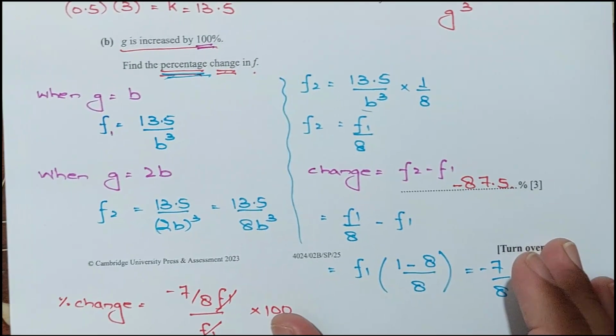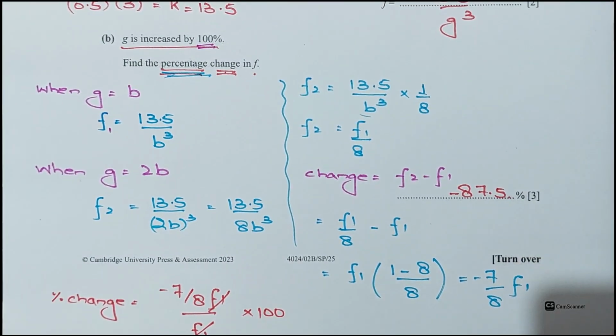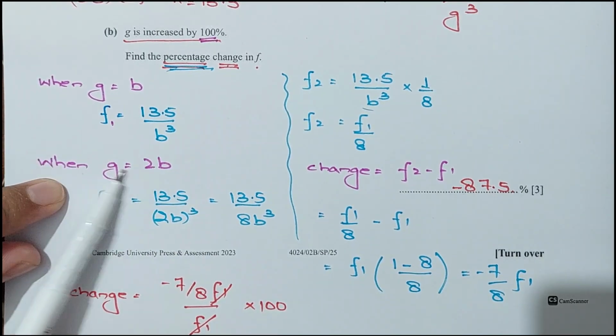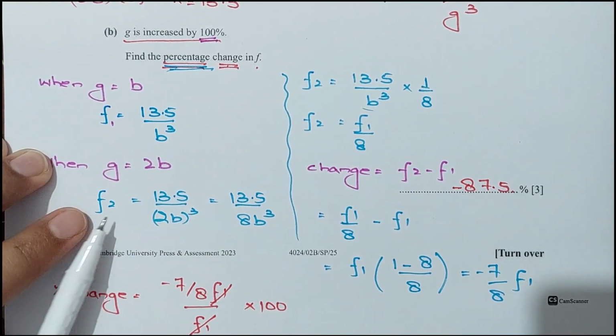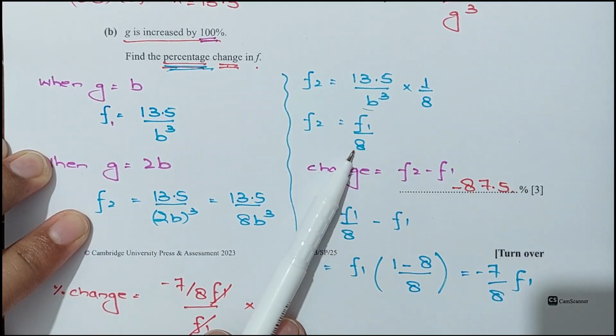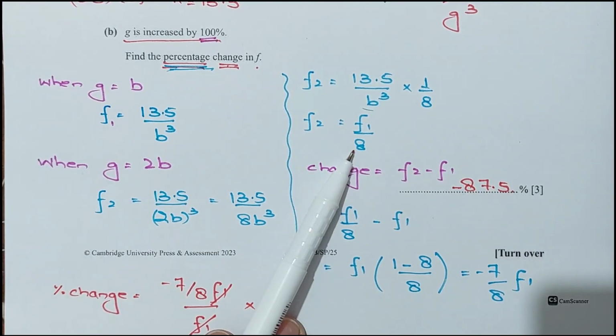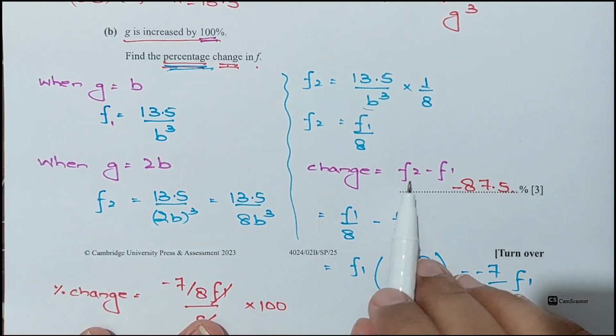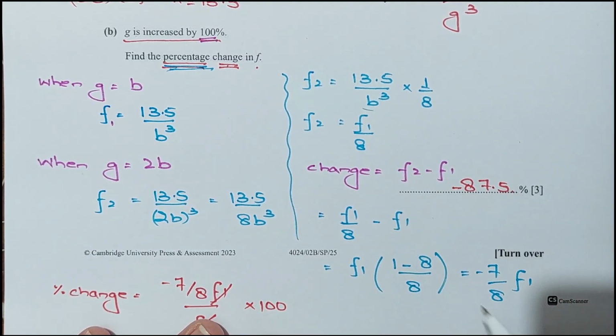Since in the question it is given that G is increased by 100%, we can take the G value as some variable B, 2B, 3B, 4B, so it is increasing 100%. If we take B, we will get F1. If we take 2B, we will get F2. Now write F2 in terms of F1, and F1 as F1. Now we have to find the change. Whenever we find the change, we subtract the first term from the second term. So second function subtract the first function, you will get this change.